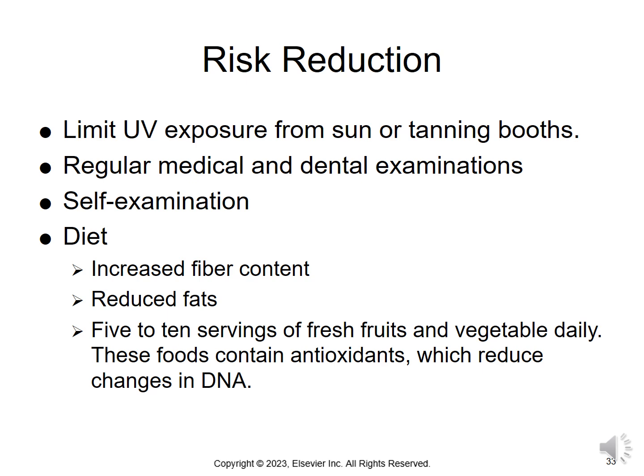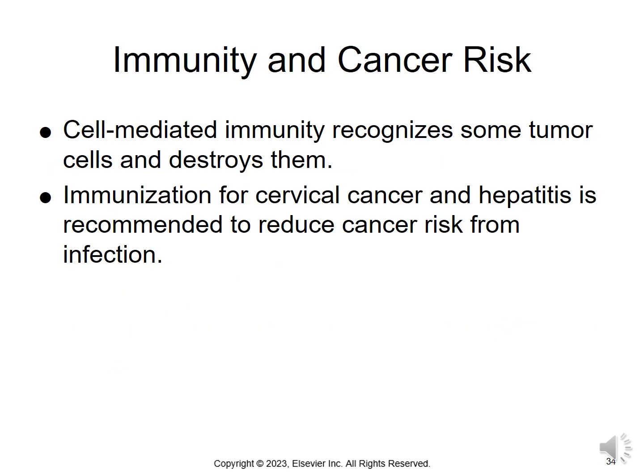These foods have antioxidants, which help reduce the changes in the DNA. Cell mediated immunity recognizes some tumor cells and will destroy them. We do have immunizations for cervical cancer and hepatitis, and it is recommended to reduce the risk of cancer from certain infections.